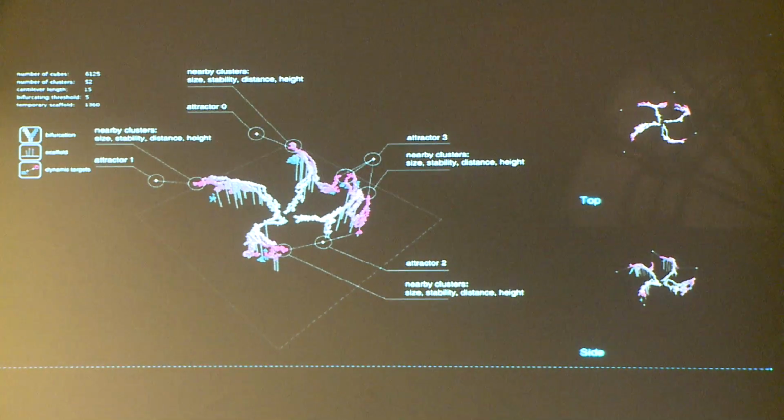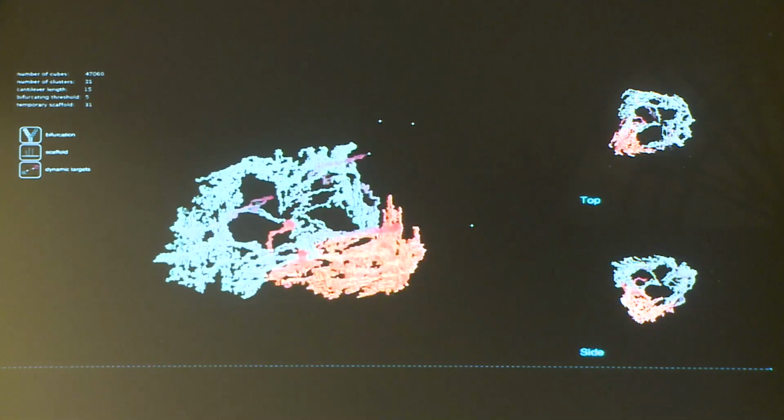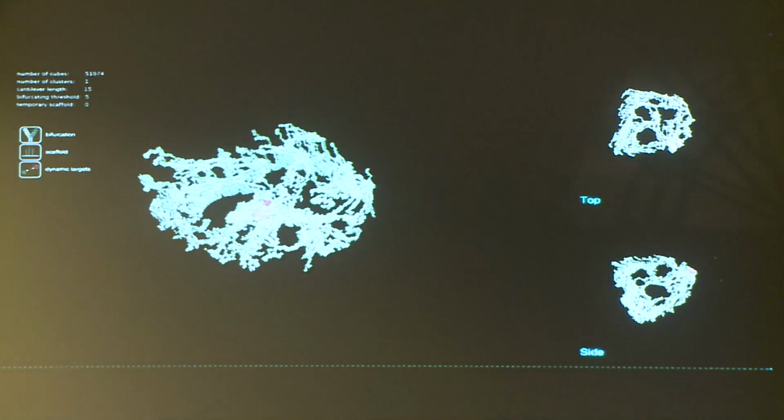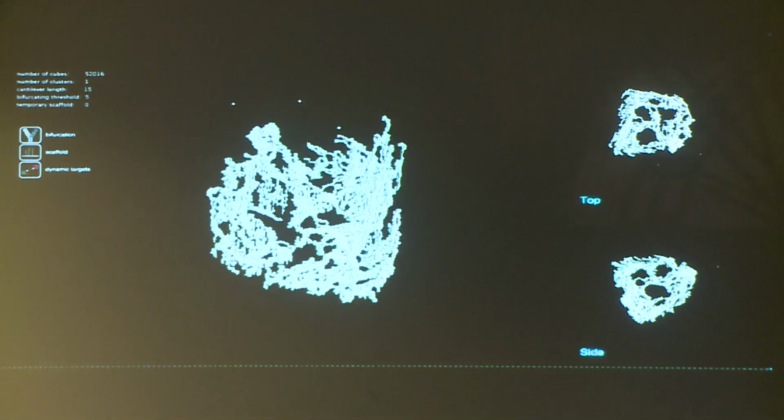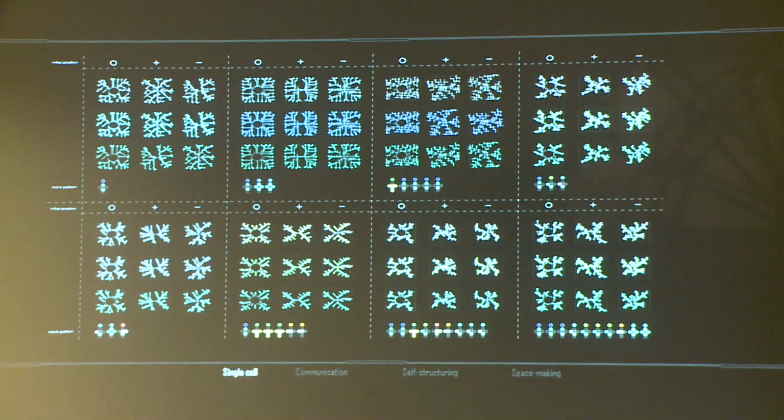We also developed larger populations with goal-oriented strategies. In these catalogs, you can see aggregations of these face-to-face connections and larger body formations.